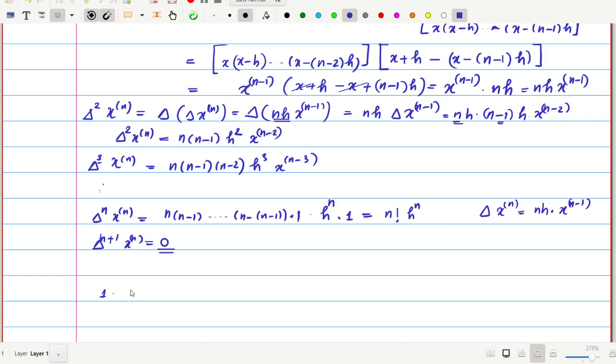So we write that differencing is analogous to differentiation.